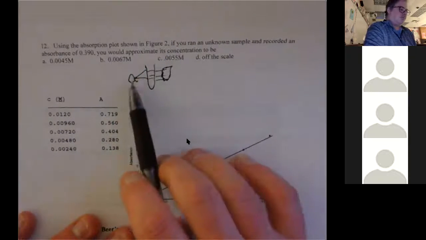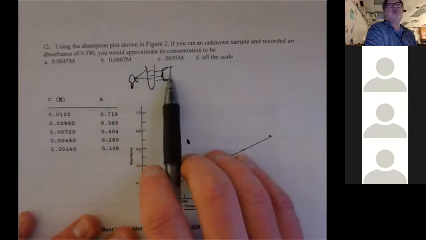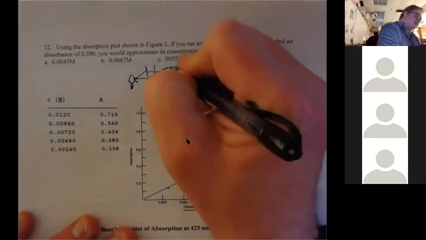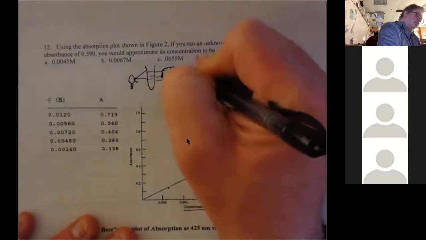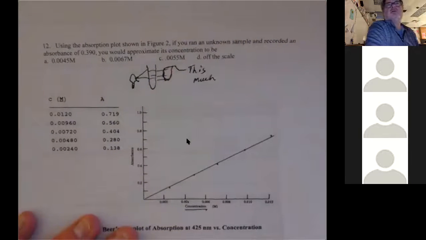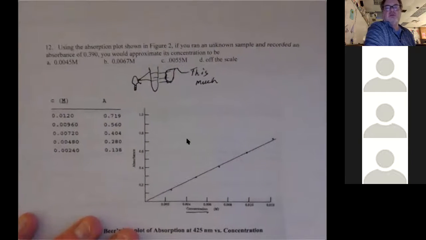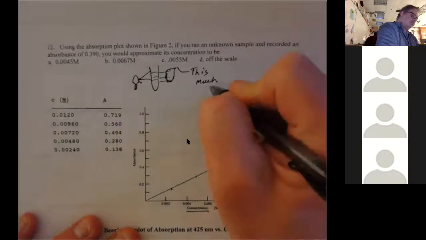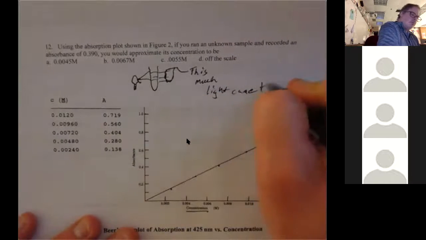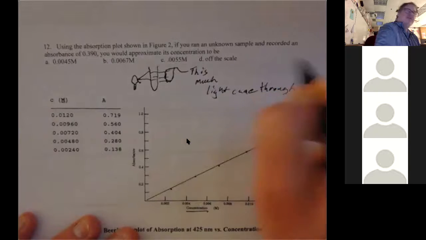So that is shining through. Some goes through, it's picked up by the photo sensor, and then it says, hey, this much light went through. Any light that didn't go through must have been absorbed, right? And that's what absorbance is.